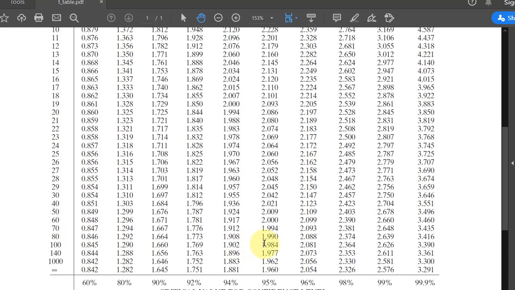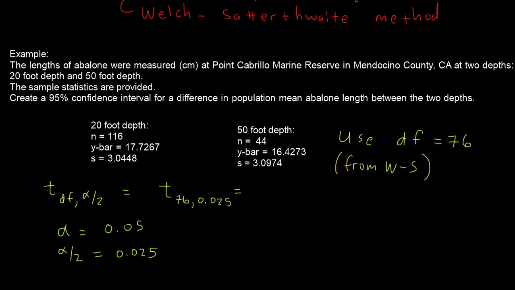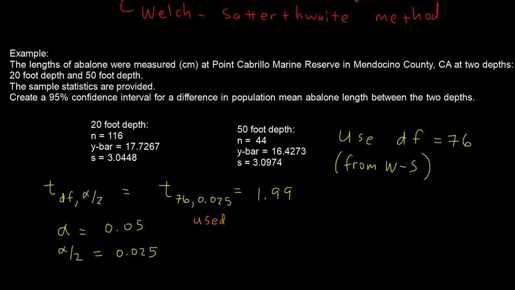So we're going to use the t critical value of 1.99. I'm going to make a note here. So 1.99, and my note is that we used the closest degrees of freedom, which was 80.